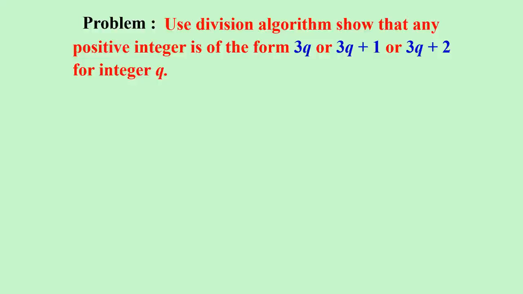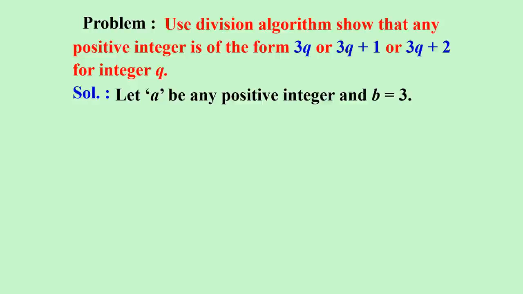One more problem. Use the division algorithm to show that any positive integer is of the form 3q or 3q plus 1 or 3q plus 2 for some integer q. Solution. Let a be any positive integer and b is equal to 3.